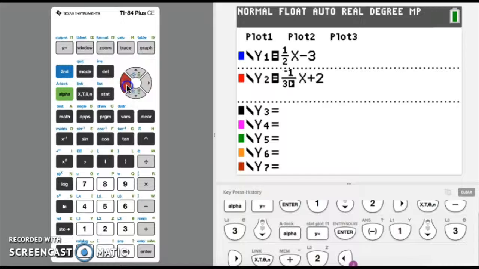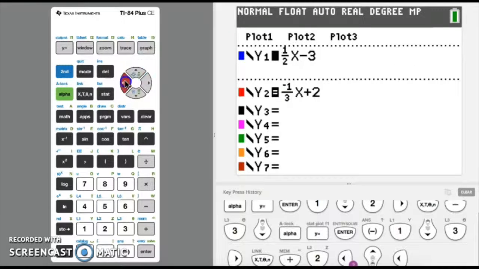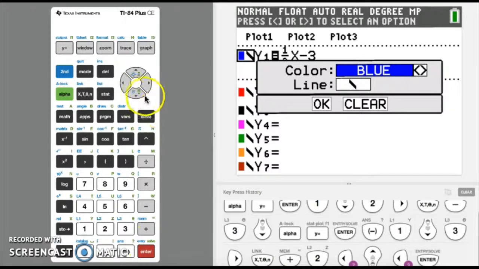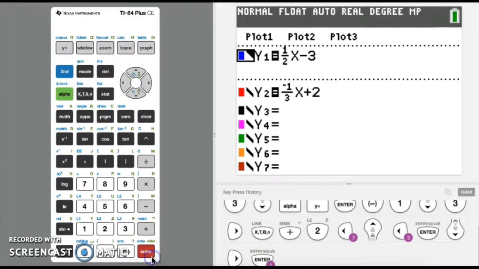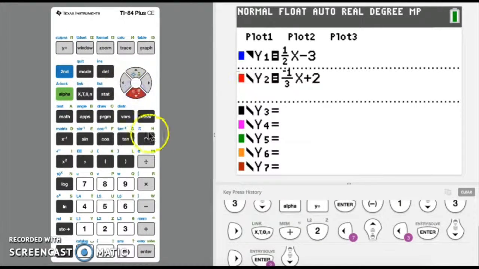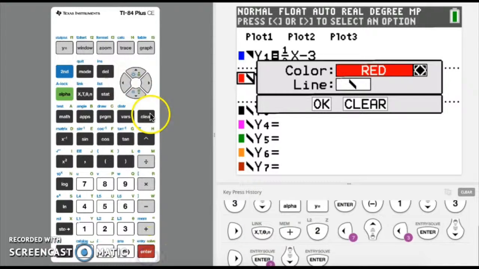Now for the first one, we are going to be doing a greater than, so that's going to be pointing up. For the second one, it's a less than, so it's going to be pointing down.